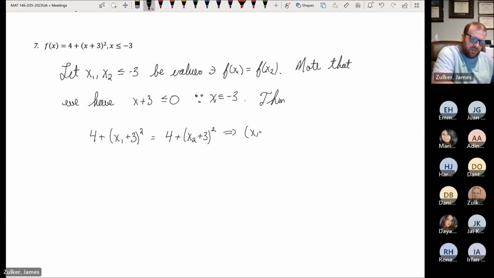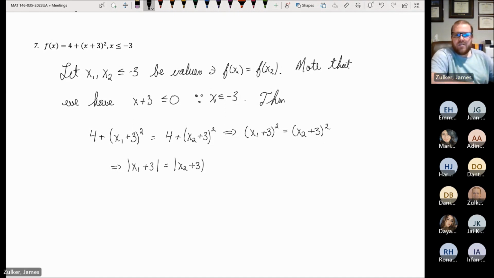Subtract 4. Take the square root. But this would mean that negative quantity x1 plus 3 would equal negative quantity x2 plus 3, right?